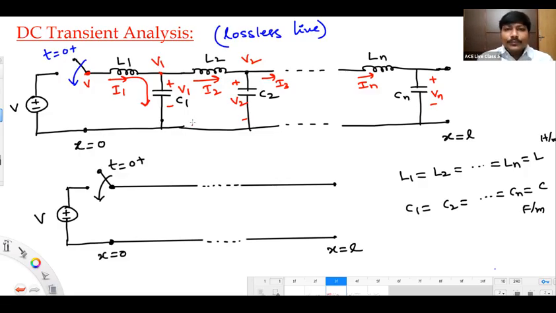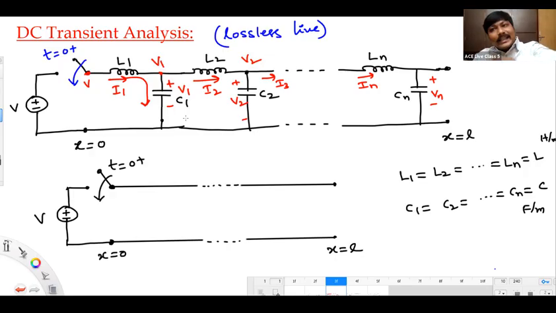Please tell me. Right? So initially L1 is open circuit, but there is a voltage across it. Because of that voltage, current starts developing in the inductor. That current is circulating through the capacitor. Because of the current flow in the capacitor, voltage starts developing across the capacitor. If that voltage is developing, that voltage will appear across the next inductor. So the second inductor will start carrying the current.